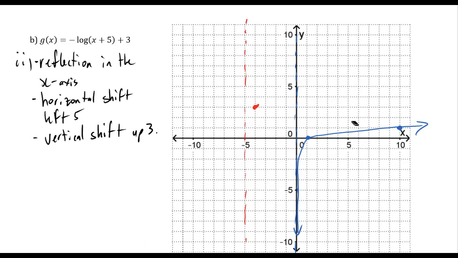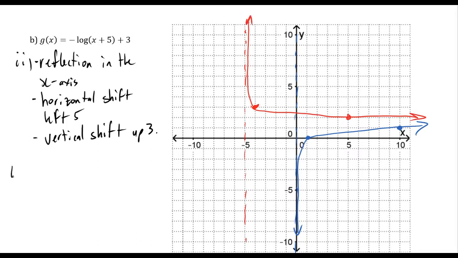Whoops, counted wrong. So 1, 2, 3, 4, 5, 1, 2, 3. There we go. Right? Instead of up 1, I go up 10. And I've got my 2 points. And that's about as good as we can do when we're graphing a logarithmic function with a base of 10.